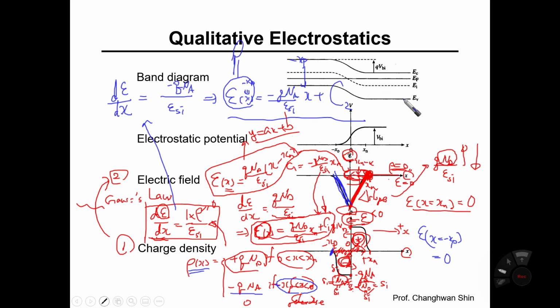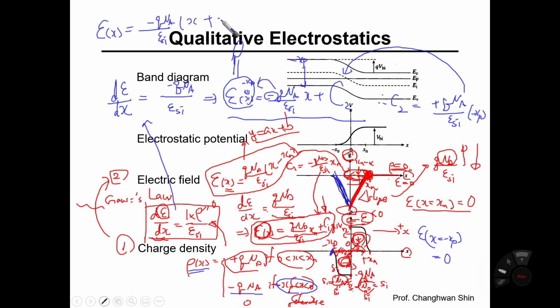Then C2 is equal to, if you move it to the left hand side, plus q Na over epsilon silicon times minus xp. Now plug the C2 value back into the original equation, then you're going to get this: X plus XP.